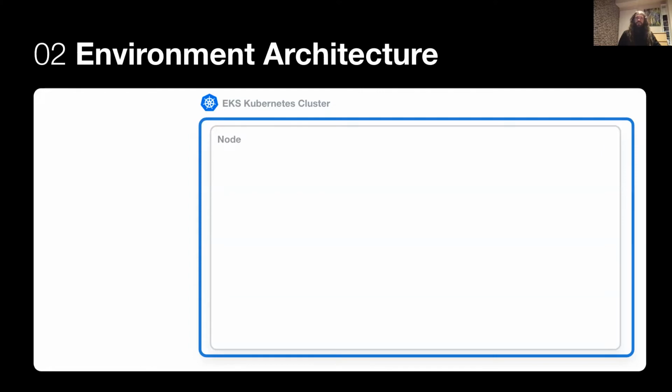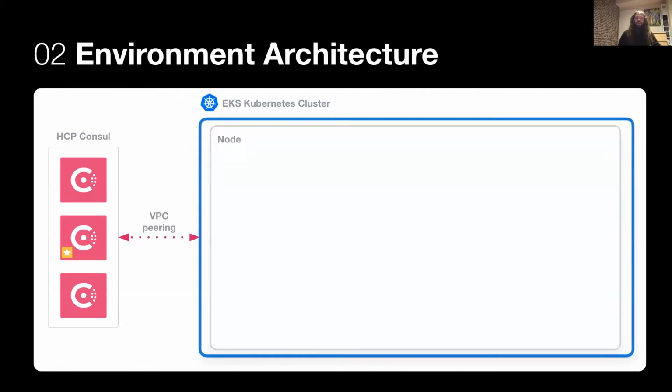On this node, we're going to add a VPC peering so that the EKS cluster can connect to HCP Consul. For this demonstration, we are going to use Consul in the HashiCorp Cloud Platform, and we are going to connect our clients running in EKS to it.